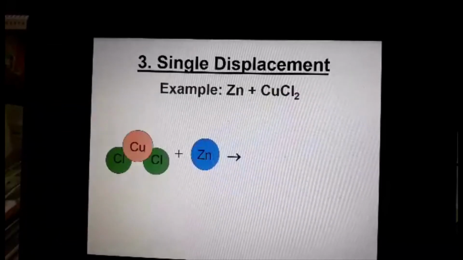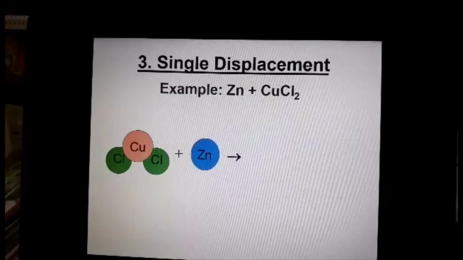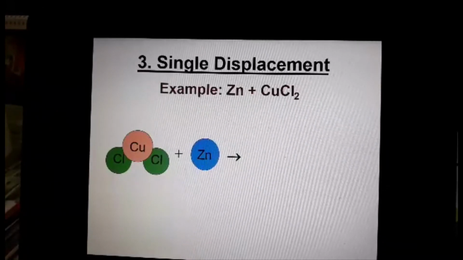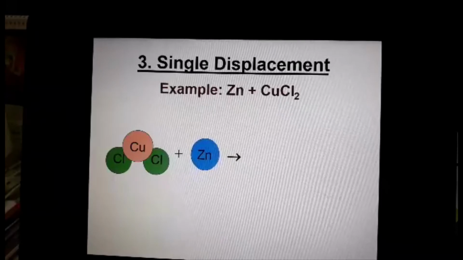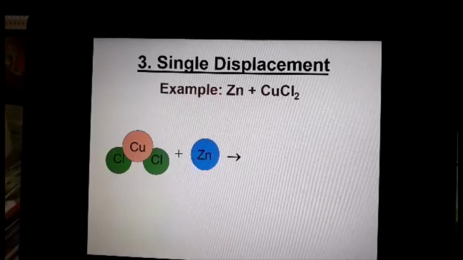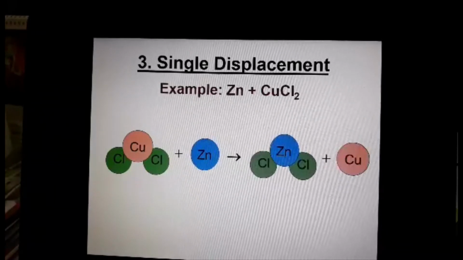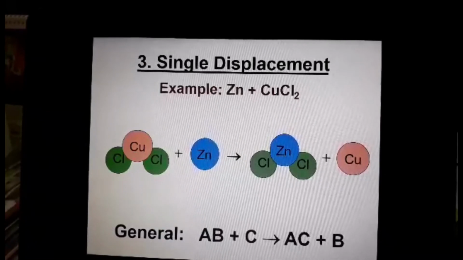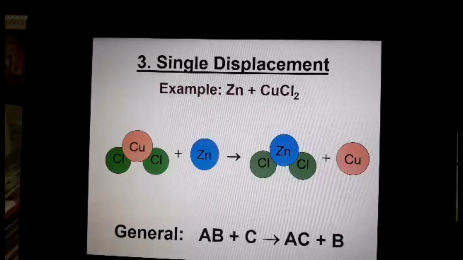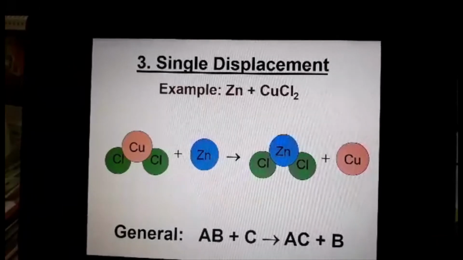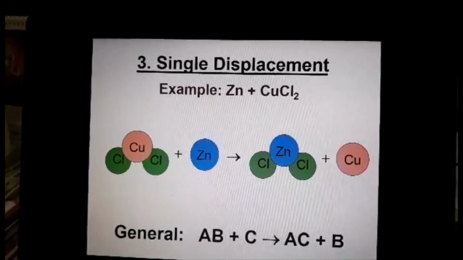So copper chloride plus zinc. You switch the partner of zinc and copper. So we have zinc chloride plus copper. In general equation, we have AB plus C is equal to AC plus B. And that is the third type of chemical reaction.